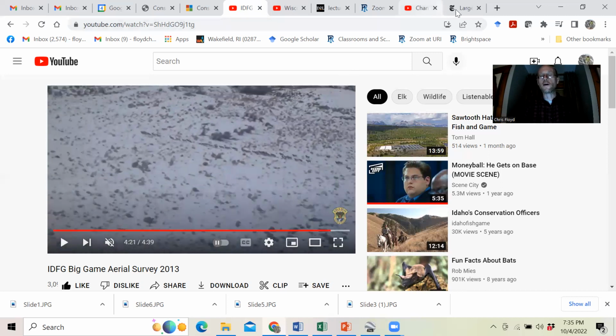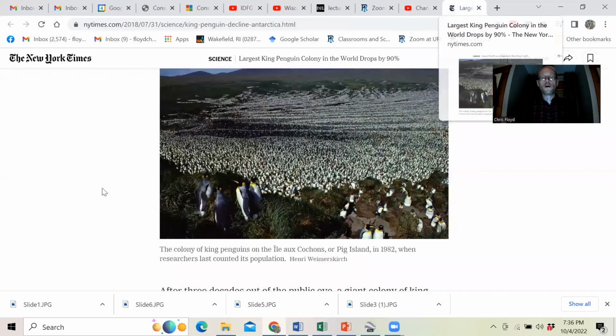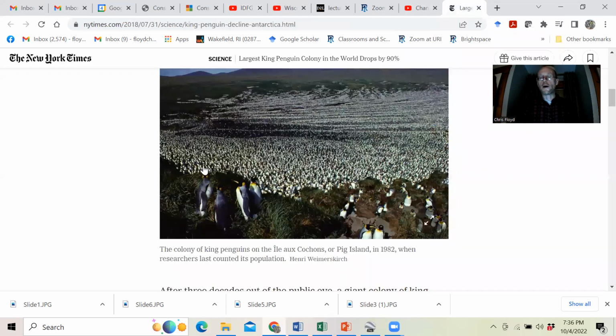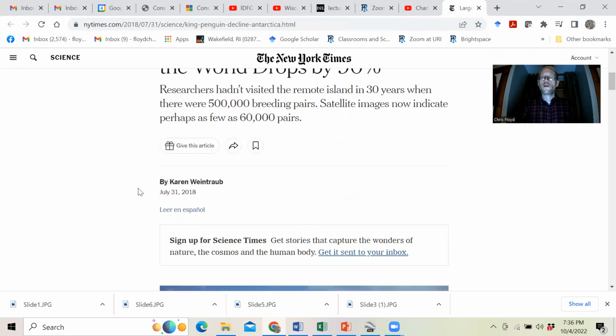Even in a case like, for example, penguins here in Antarctica. These are king penguins here. This is a story from a few years ago where the king penguin colony, this largest colony, dropped by 90%. How do they know that? Because they do estimates using satellite images.